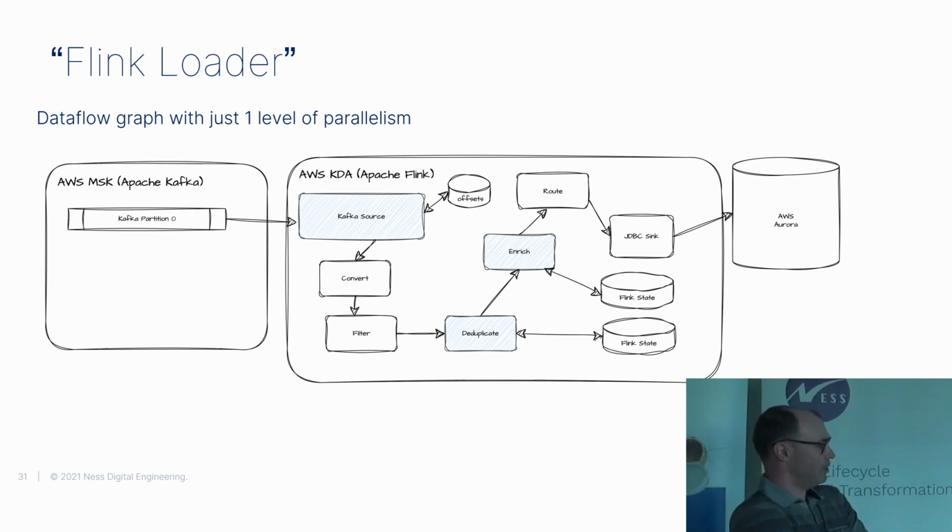In this case, we are using Flink state. Then we have to enrich our data, because we are talking about orders, and orders should have a kind of state machine. And then finally we write our data into different JDBC sinks, and then our data is written into AWS Aurora.